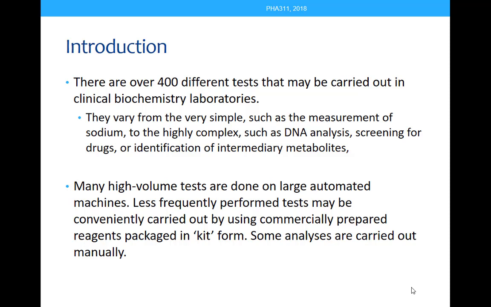There are many tests which can be done on automated machines. Nowadays, it's the norm. Most of the tests are done on automated machines. But there are certain tests which can be carried out by using kits which are available, and some analyses still need to be carried out manually. Okay.